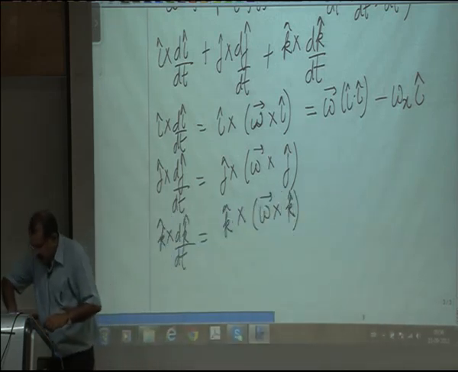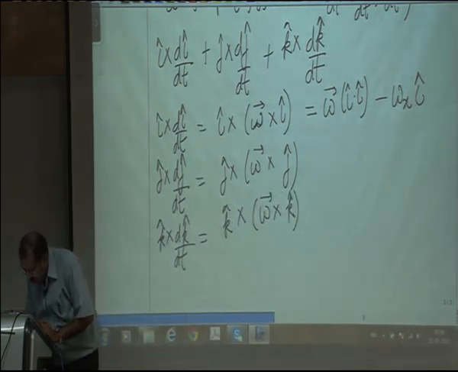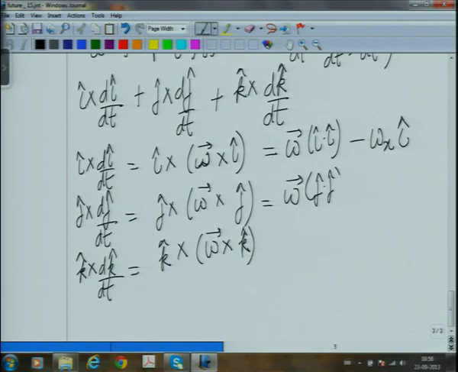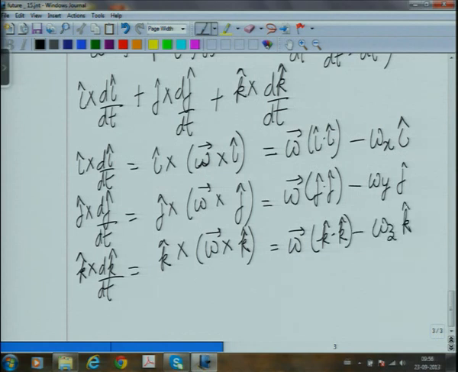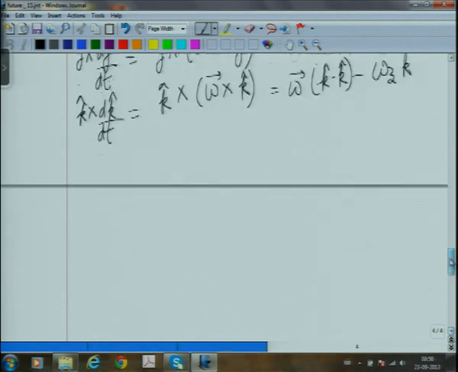Similarly, in the second term I will get the same thing: omega j dot j minus omega y j, and omega k dot k minus omega z k. So, when you add up all these, what do you get?